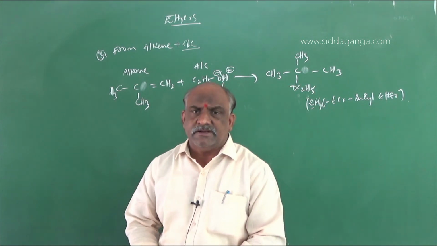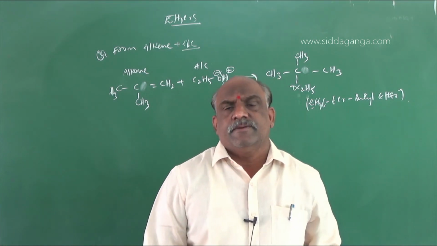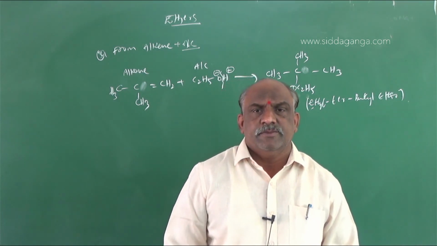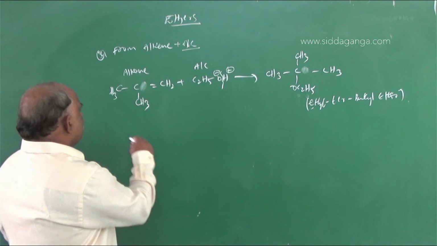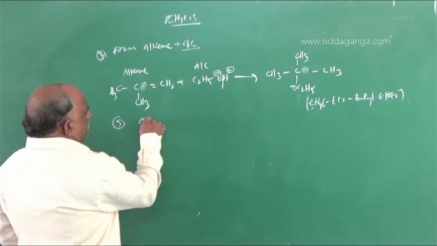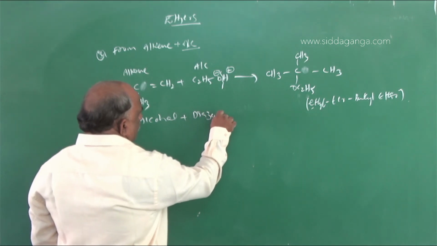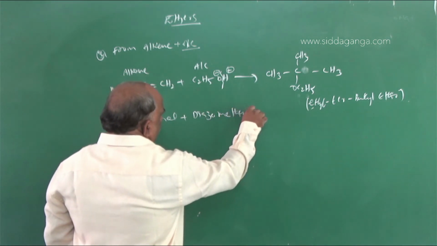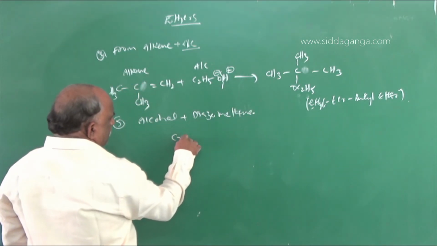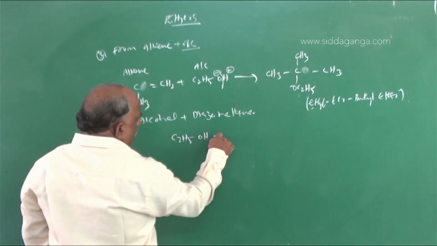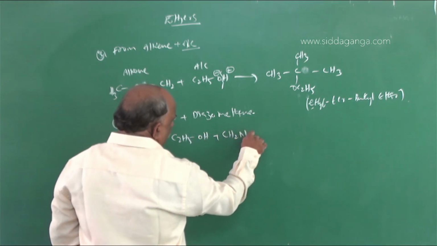Alcohols are treated with diazomethane. I will give that equation also. Alcohol plus diazomethane. The alcohol is C2H5OH, and the diazomethane is CH2N2.